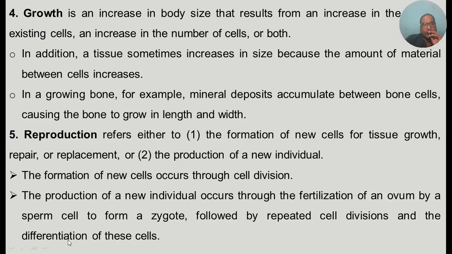They are fertilized, fused together, and form a new cell, the zygote, and the zygote by repeated cell division forms a new individual. So this is also an example of reproduction.